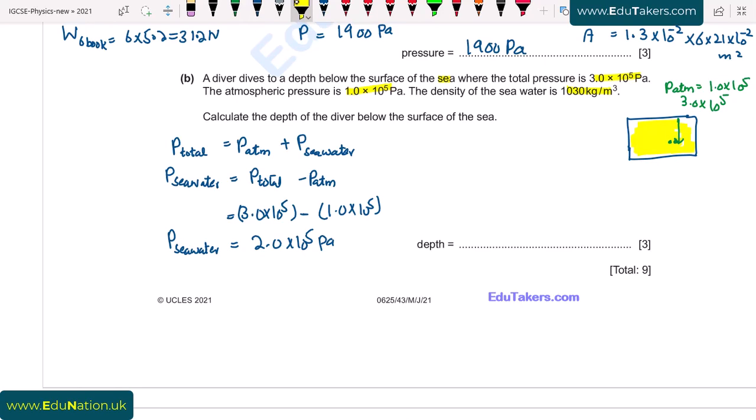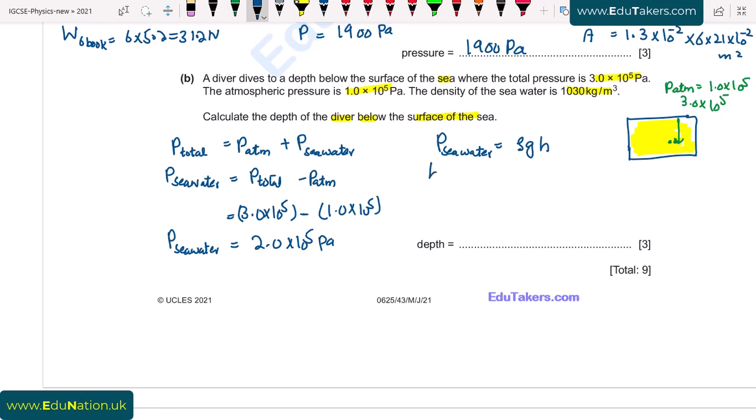So here we have to calculate the depth of diver below the surface of sea. That's why we need the sea water pressure. And we know that pressure is equal to rho g h, where rho is density of sea, g is acceleration due to gravity, and h is depth.